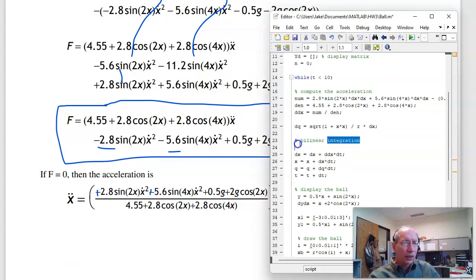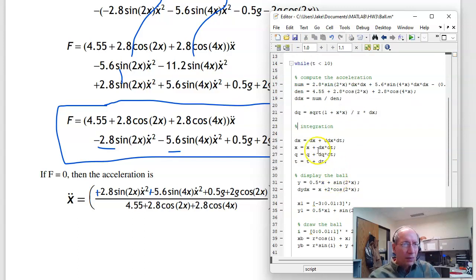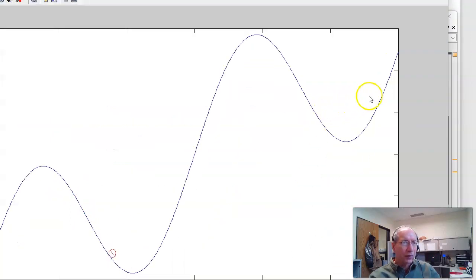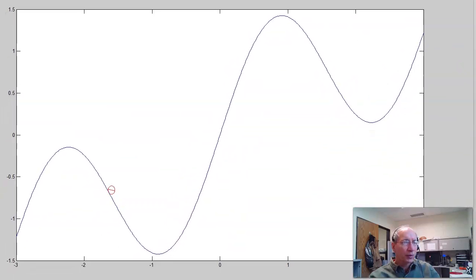Then doing Euler integration, I integrate acceleration to get velocity, integrate velocity to get position, integrate how far the ball is rolling to get angle, display it, and here's what it looks like. If I can find my display. There it is. So here's the ball rolling around the plane.